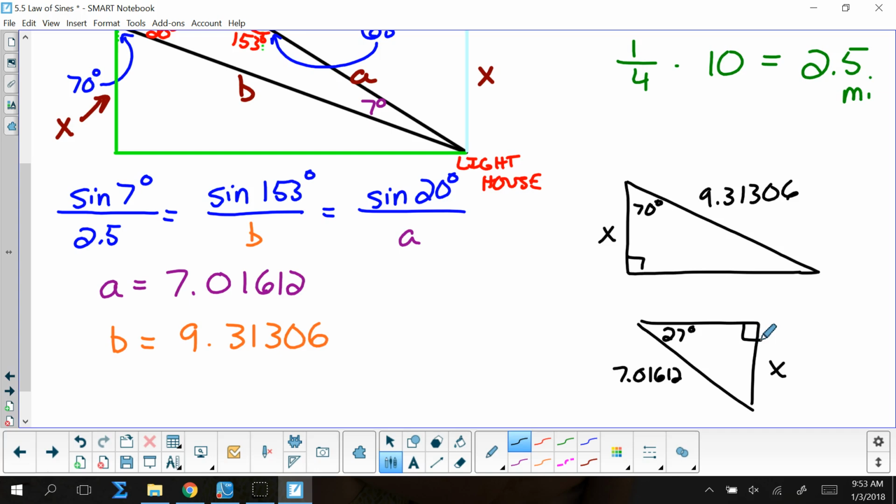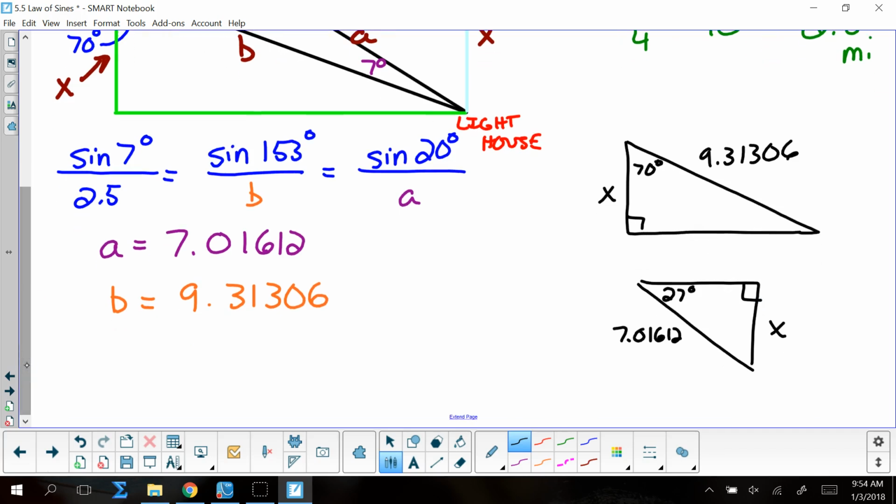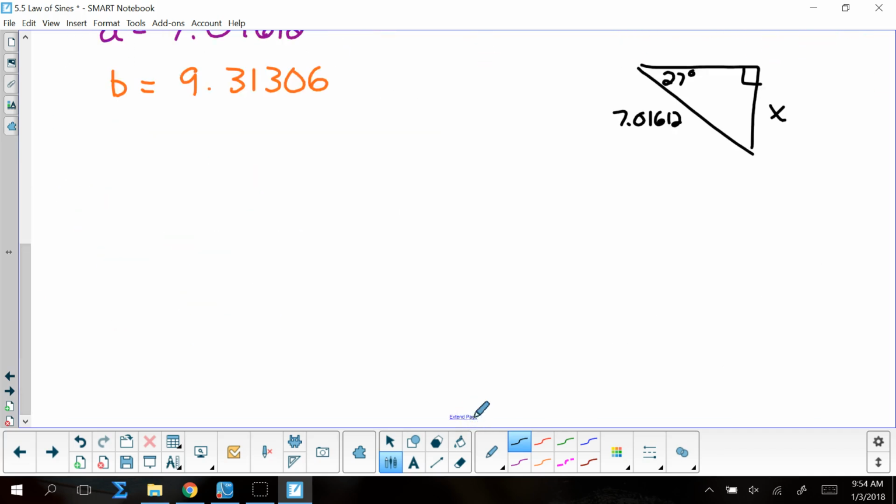Okay. In either case, you should get the distance here as 3.185 miles.